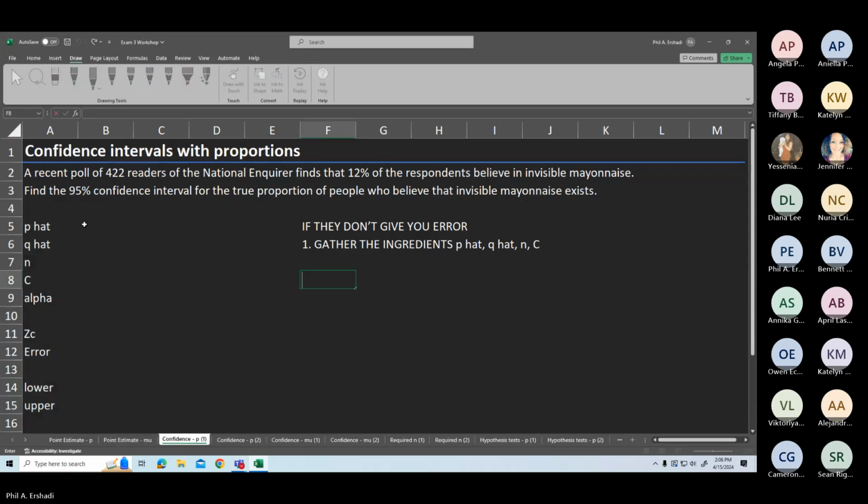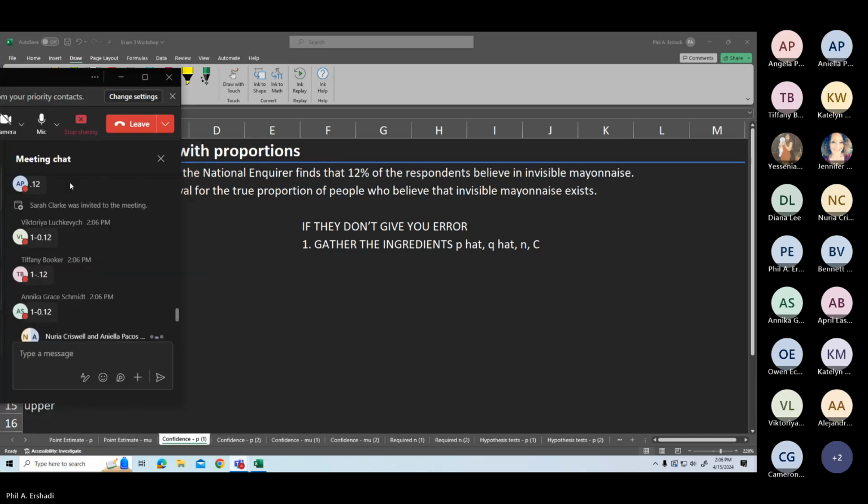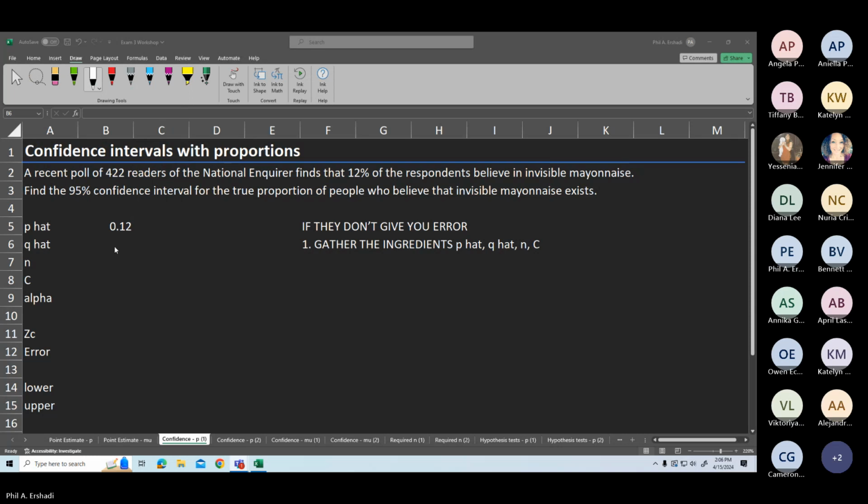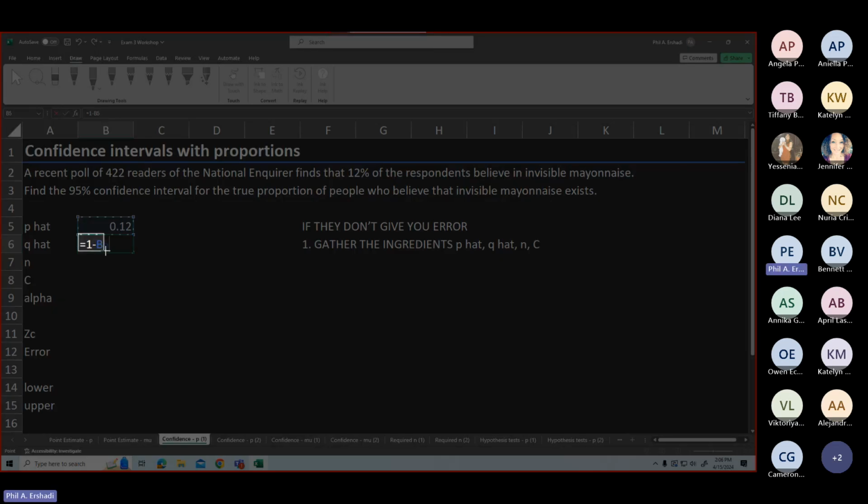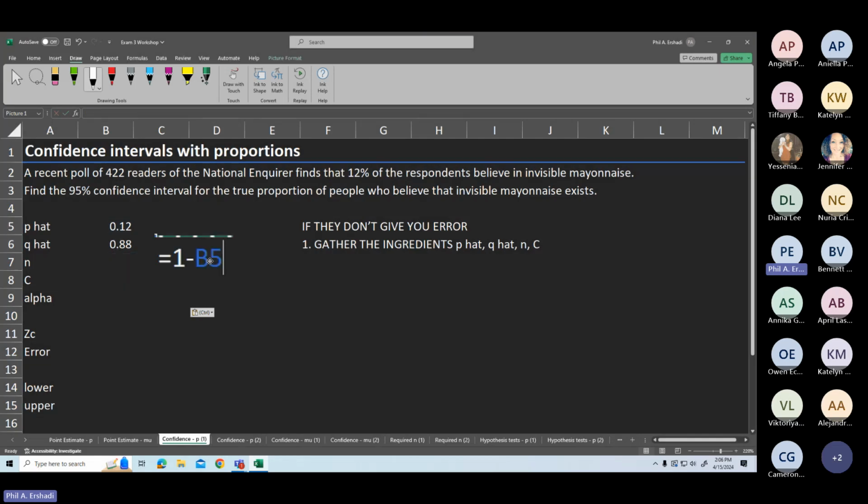0.12. Absolutely right. Now, how do I get q-hat if I know p-hat? One minus, very good. Absolutely right. It will be equals 1 minus that answer, and I will pop that into the presentation like before.